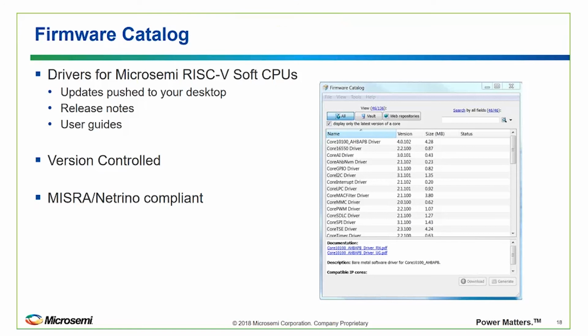You can add them to your catalog. They're version controlled, so you see the version number here. Tells you the size. We also have full documentation for the drivers and the RISC-V HAL that are in the firmware catalog. So if you select a particular driver, you have access to the release notes and also the user guide that will describe all of the different functions that are available for you in that driver.